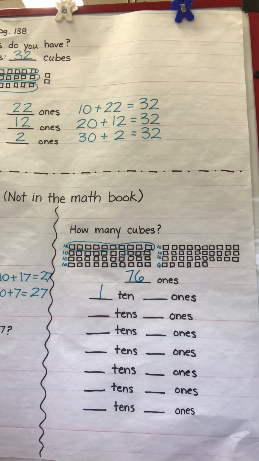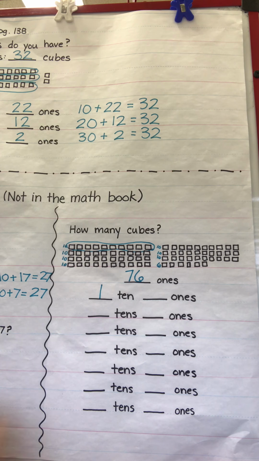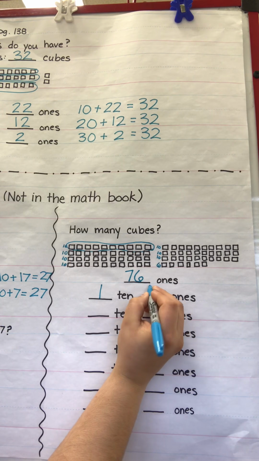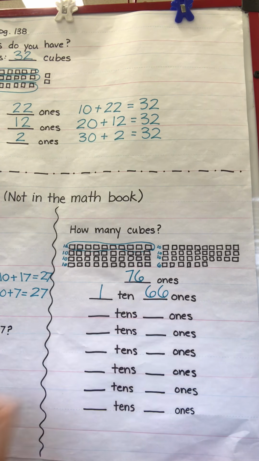So if I know that I had 76 ones, but I'm now grouping a group of 10, so I'm pulling that out of our ones, I'm going to subtract 10 from 76. What would that be? What would that leave us for our ones? That's right, it would leave us 66 ones.